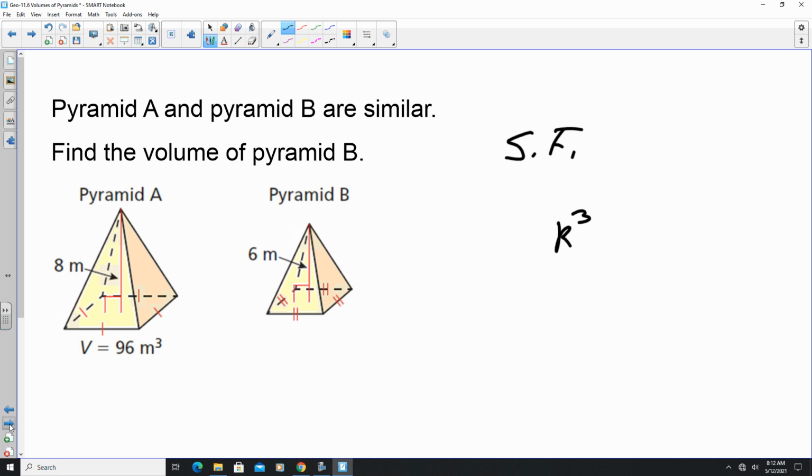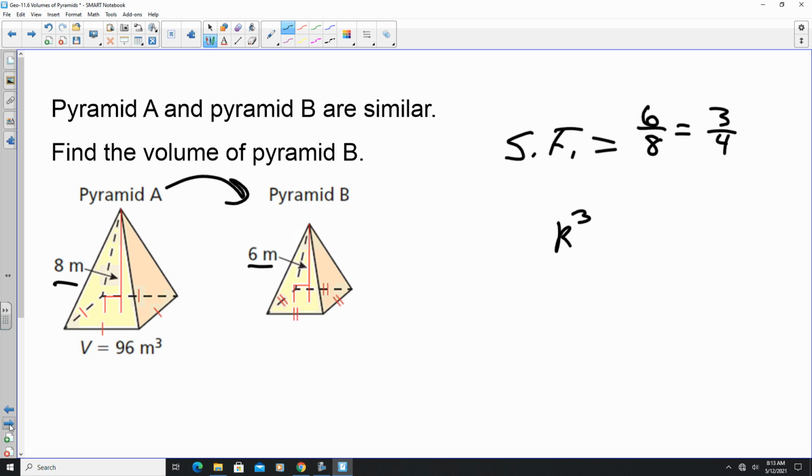So let's find the scale factor. Since we're going from A to B, A to B is a reduction. So k is going to fall between 0 and 1. With the two values that I know here, 6 and 8 are both heights. So I'm just going to take 6 divided by 8, which in lowest terms is 3/4.